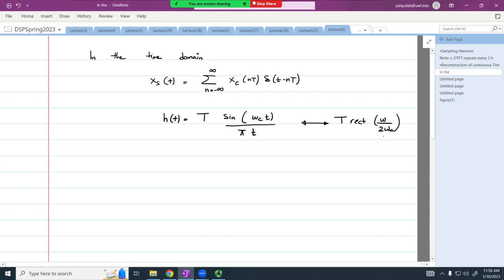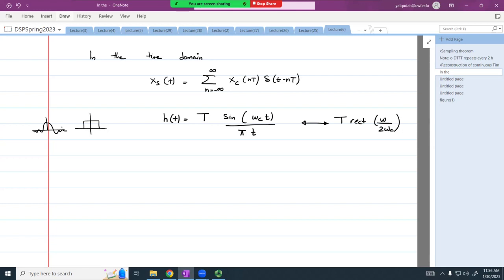With me, everybody? If I go to the Fourier transform tables, they tell me that if you have a signal in the frequency domain that looks like a rect, in the time domain it comes from a sinc. And this is the expression for it. H of t is going to equal sin of omega c t divided by pi t.